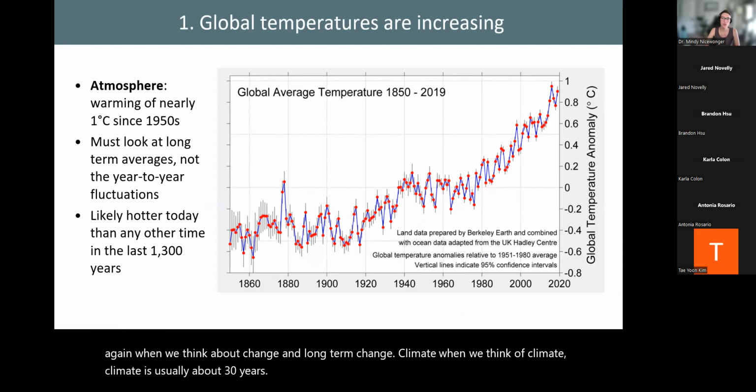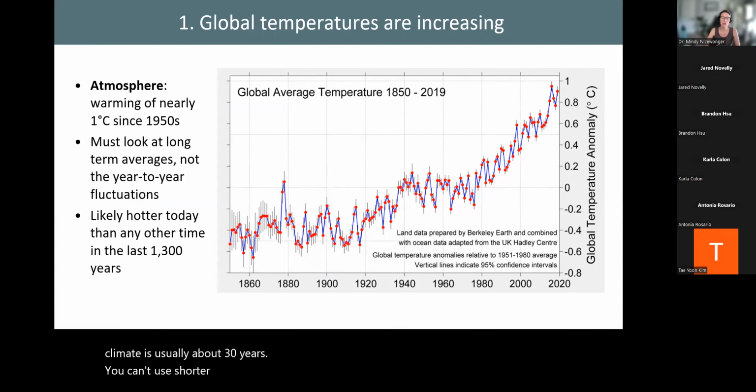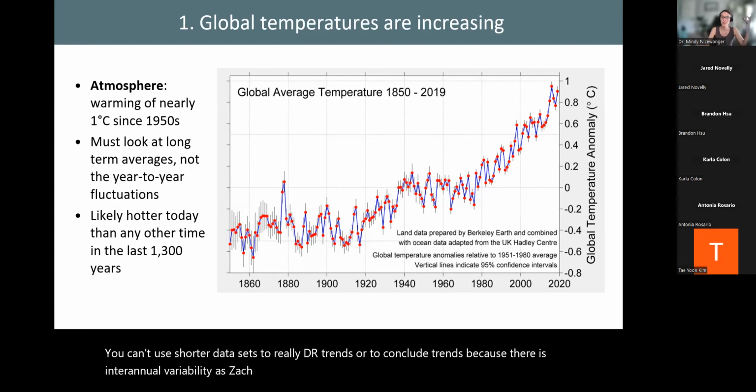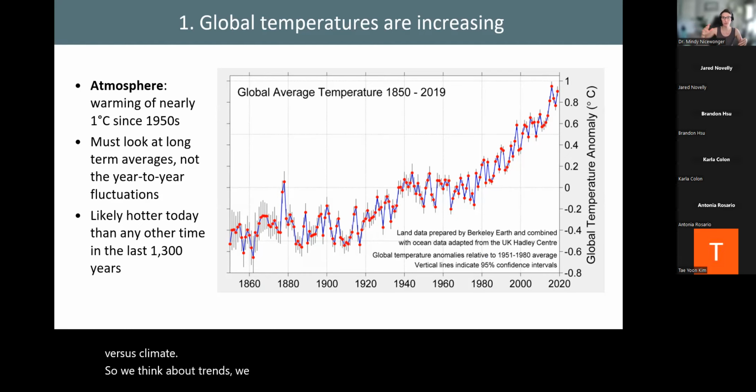You can't use shorter data sets to really conclude trends because there is interannual variability, as Zach mentioned, with some of the changes in sea ice. Weather versus climate. So when we think about trends, we want to think about long-term change, 30 plus years, because some years are warmer than others.